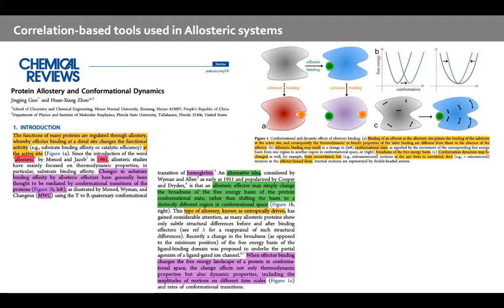Basically, in the simplest version, they look at this X-ray structure and say, we will draw a line between one residue and another residue if those two residues are below a certain distance threshold.